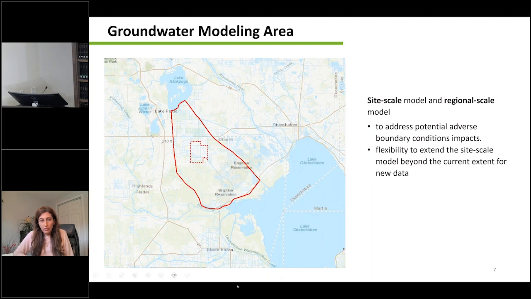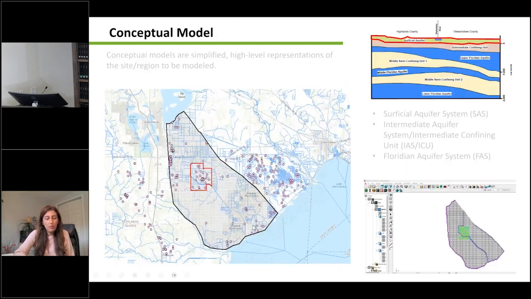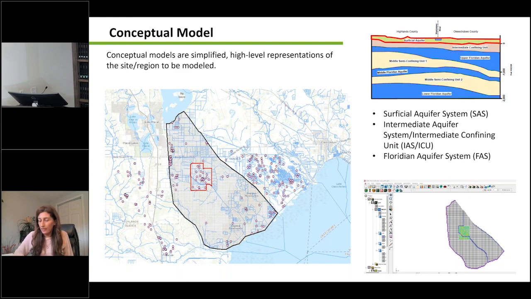So, the first step here in groundwater modeling work is to develop the conceptual model. The conceptual modeling framework reflects the fundamental hydrogeological concept of the area with respect to the objective that we would like to study, which here is the water quality.